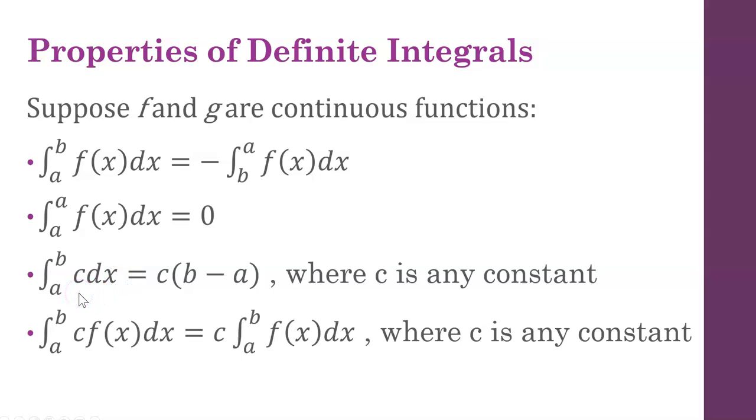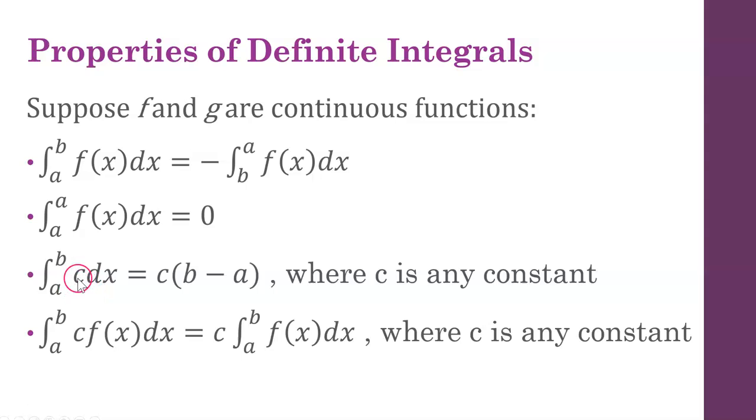Next property says if I have a constant as my function, so I don't have f of x, I have just a constant, so f of x is equal to c, then that integral from a to b is equal to c multiplied by the quantity b minus a. And let's see why that should make sense. If I am integrating the function c, that means I have a horizontal line, right? So if my function's constant, it's a horizontal line.